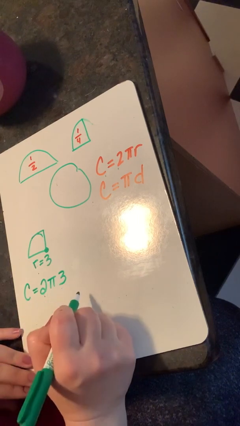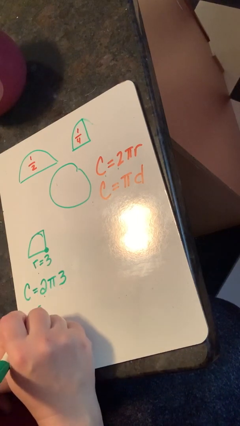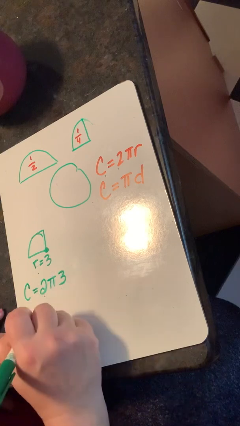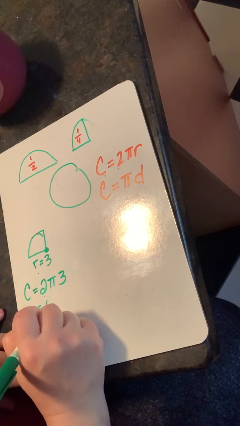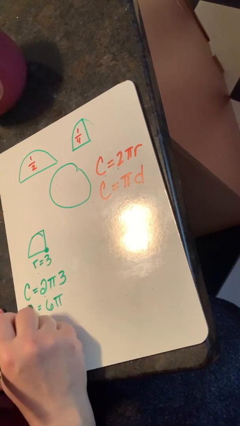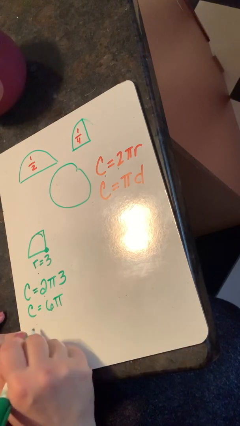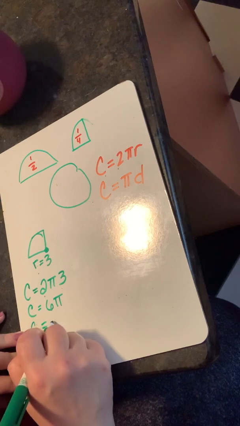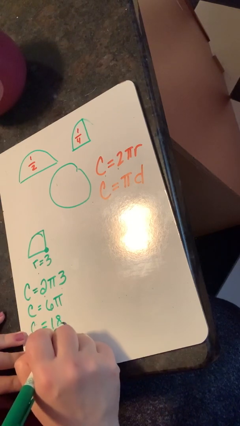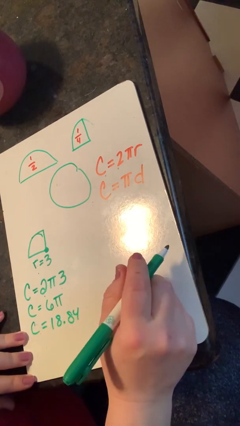I'm going to combine the 2 and the 3 because in multiplication, I can multiply in any order. 2 times 3 is 6. 6 pi equals the circumference of my full circle. When I multiply this through, circumference equals 18 and 84 hundredths.